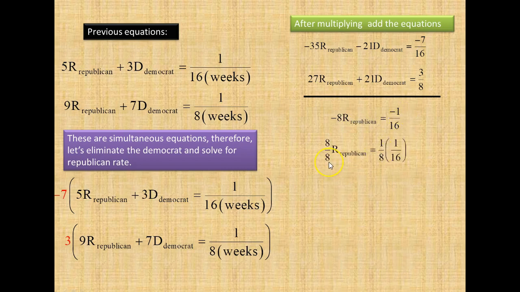We divide through by 8, and we get Republican equal 1 over 128. Divided by a minus is a plus. Okay? So the Republican rate is 1 over 128.